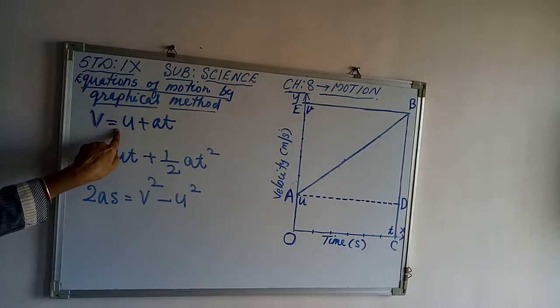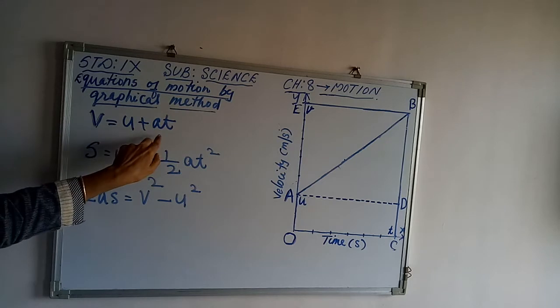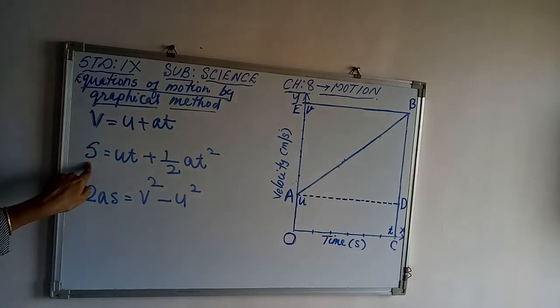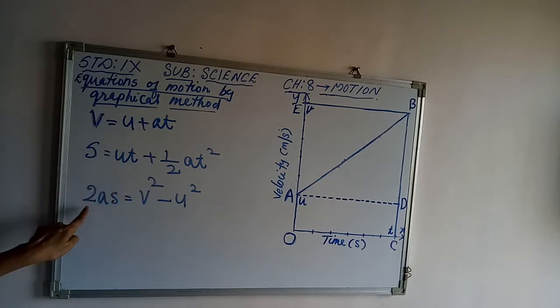The first equation is called the velocity time relation. The second one is called the position time relation. And the third one is called the position velocity relation.